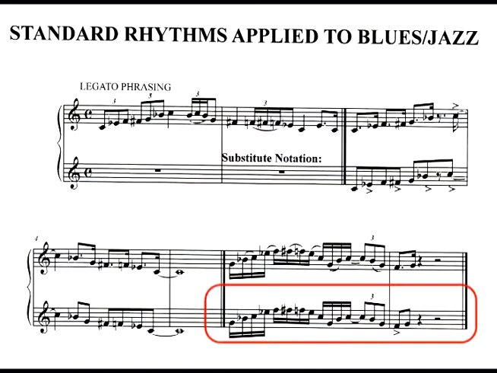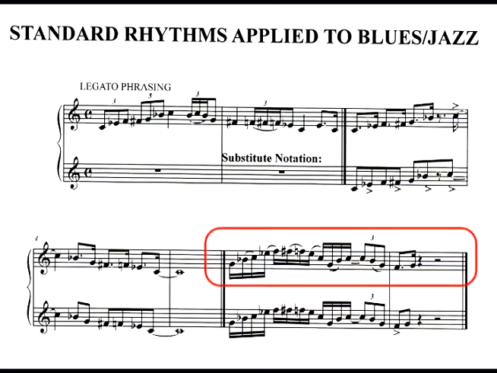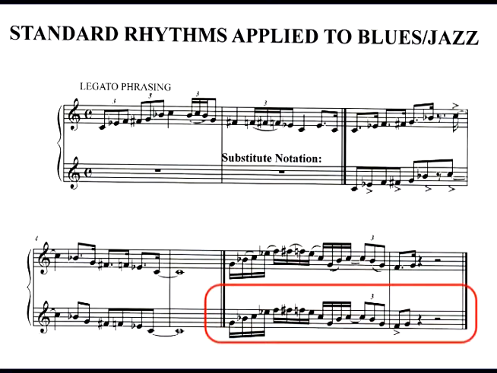If I ignore the slur marks and play it straight, it will still sound pretty much like the slur, but it won't quite have that feel. Listen. So you can hear the difference.